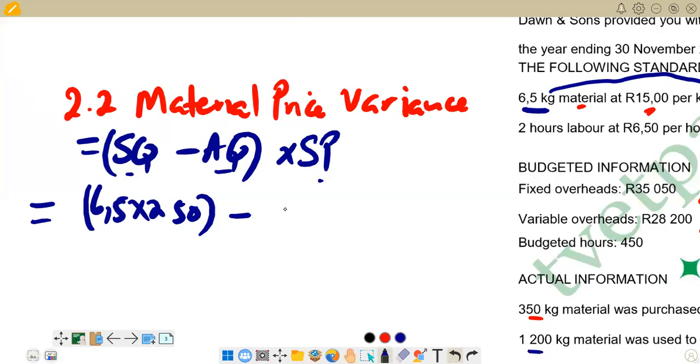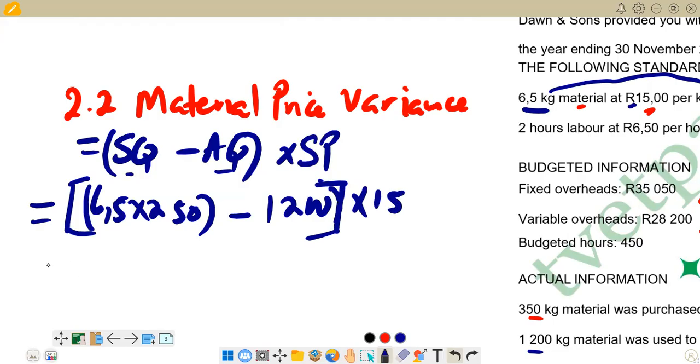So minus 1,200. Then the difference we multiply by the standard price, which we are given is 15 rand. So we multiply by 15.